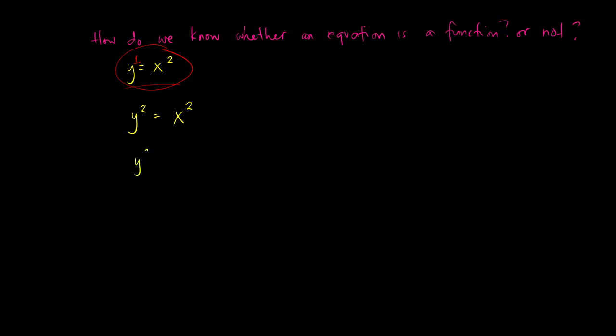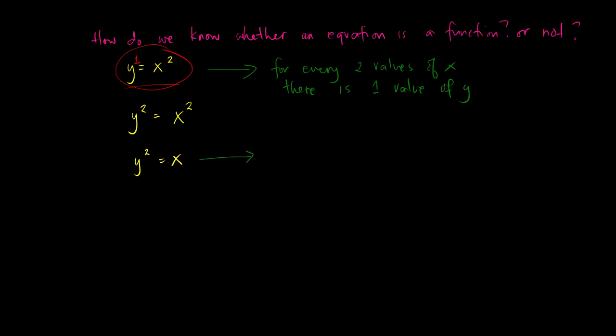The equation y squared equals x is also not a function. How do we know that? Well, this equation means for every two values of x, there is exactly one value of y.